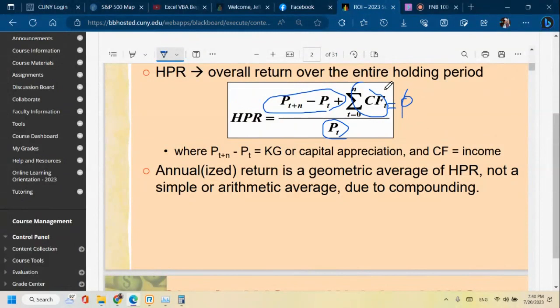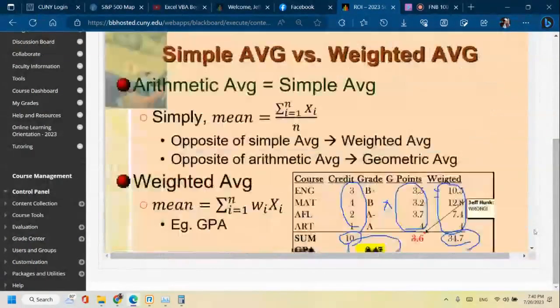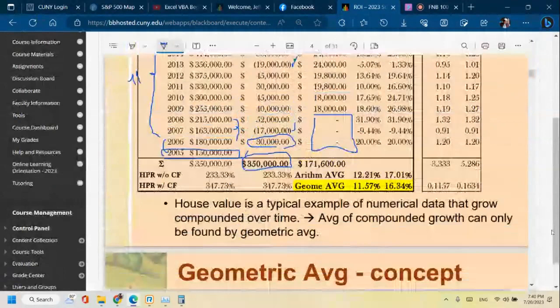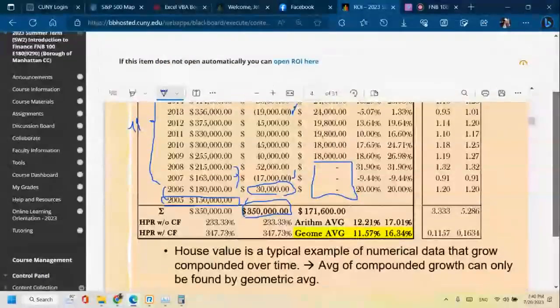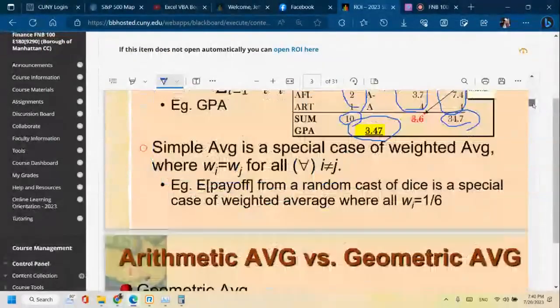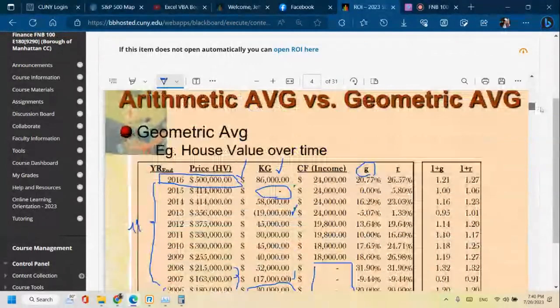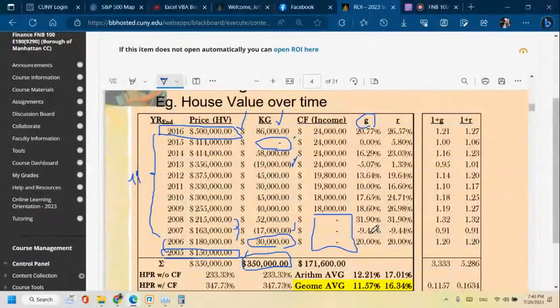In scenario 2, this will be a positive number, but in scenario 1, this is 0. Now, this is capital gain. The difference is capital gain, which in our example is 30K. And you do the same for every year.